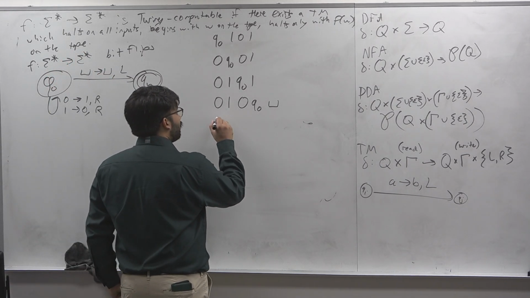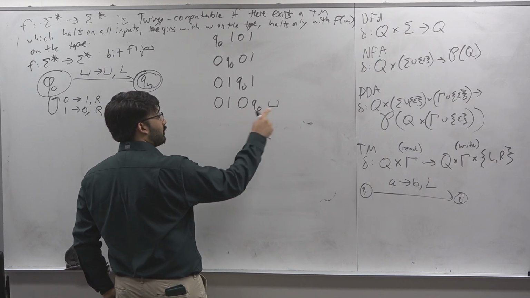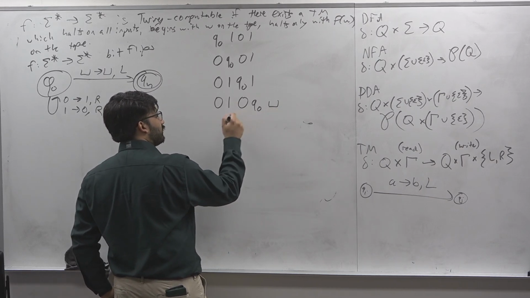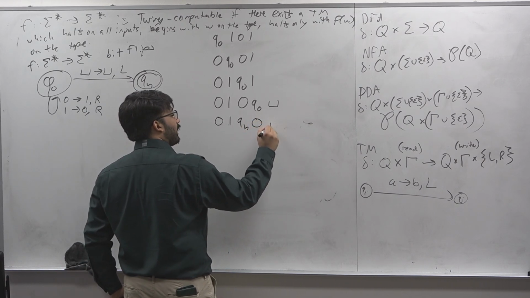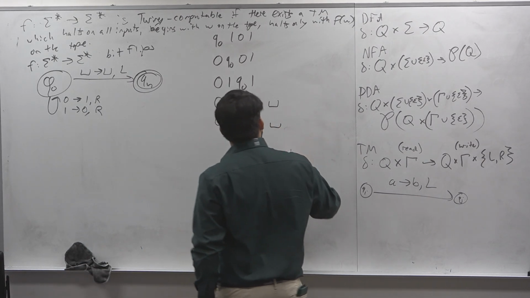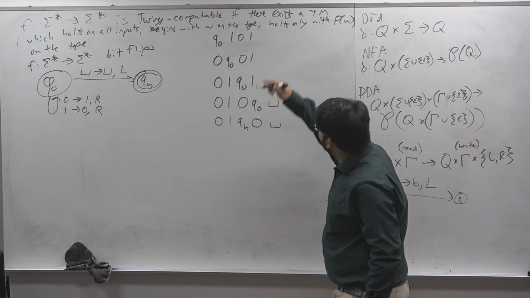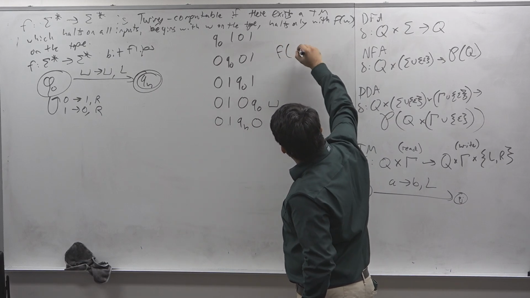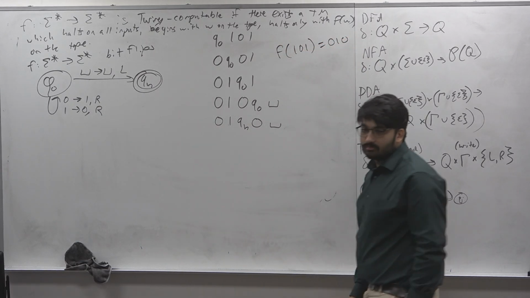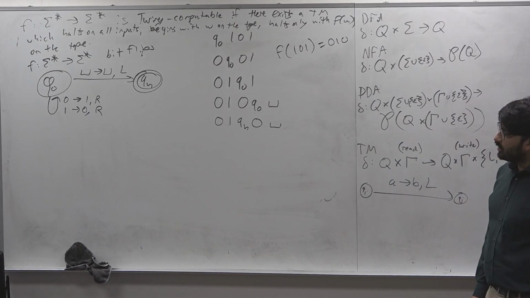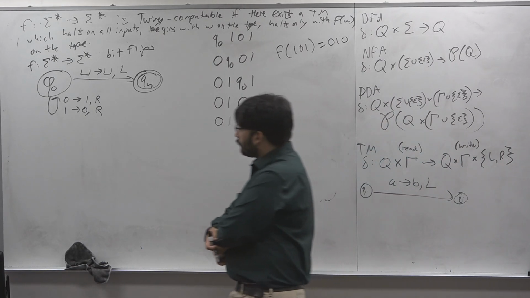So we'll be pointing at this 0: 01, QH 0 blank. And this is the sequence of configurations, and now we've stopped. So what this computable function does is it takes 101 and outputs 010, right? So this is a machine that flips bits.